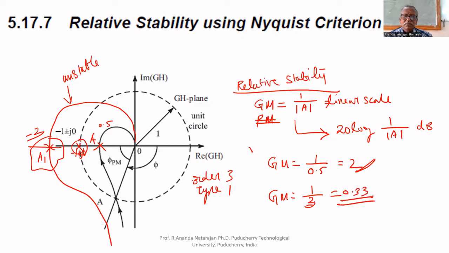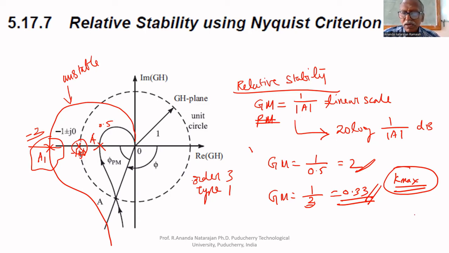It means if you reduce the gain by the factor 0.33, the system will be on the verge of instability. So already the gain is greater than Kmax. If you further decrease, the system becomes stable. That is the meaning.